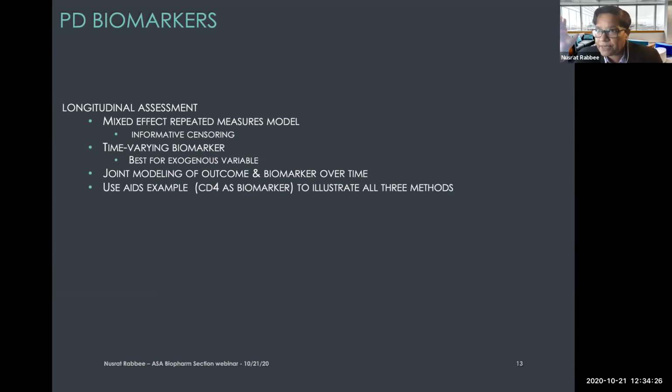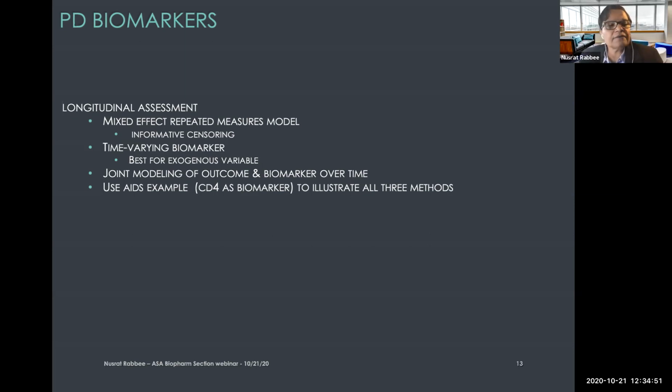For example, treatment, or even age. Or ethnicity, anything that is important to your model. So you can accommodate covariates that are both static over time and varying over time, and your outcome variable is your true endpoint of the clinical trial.